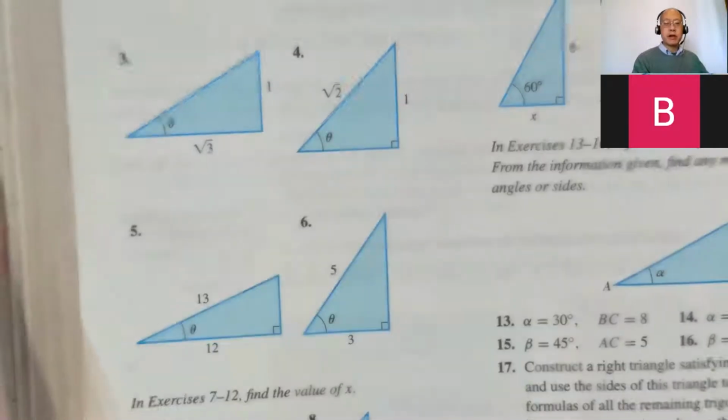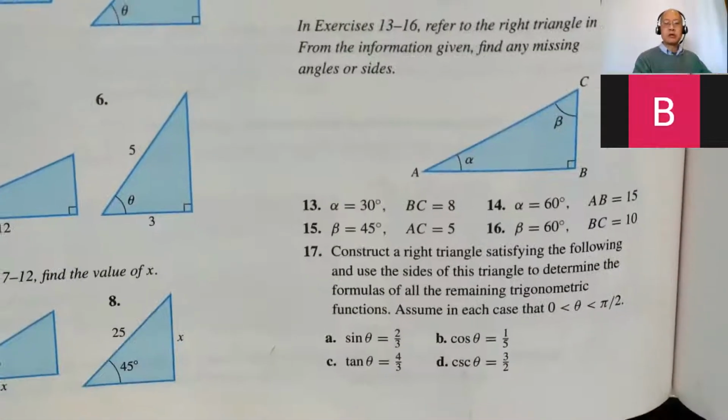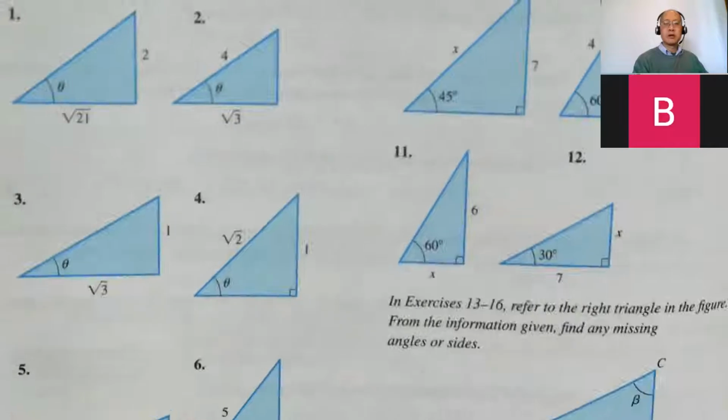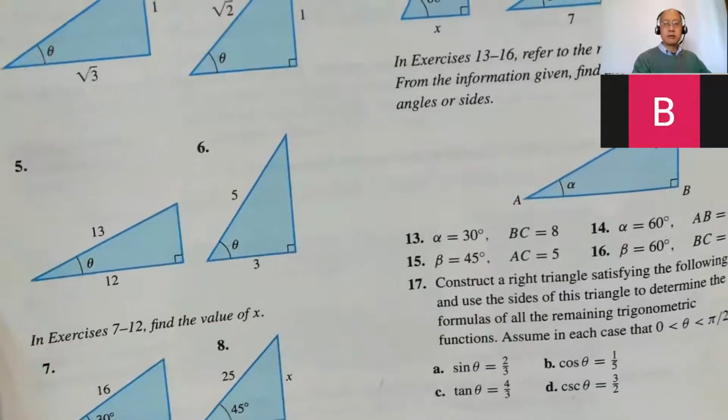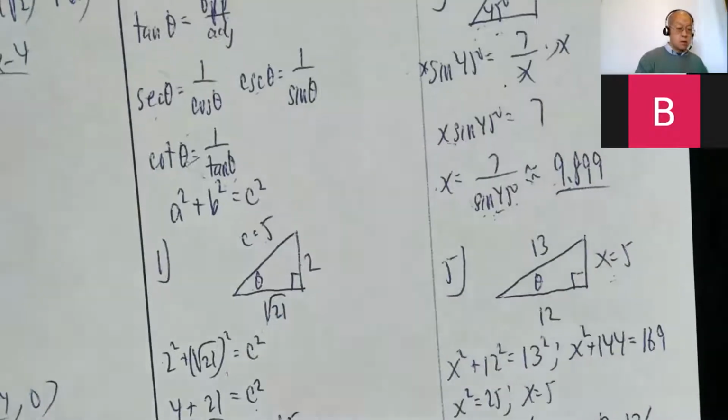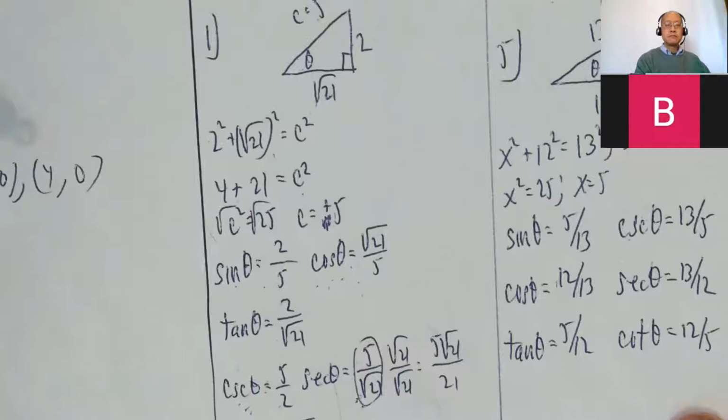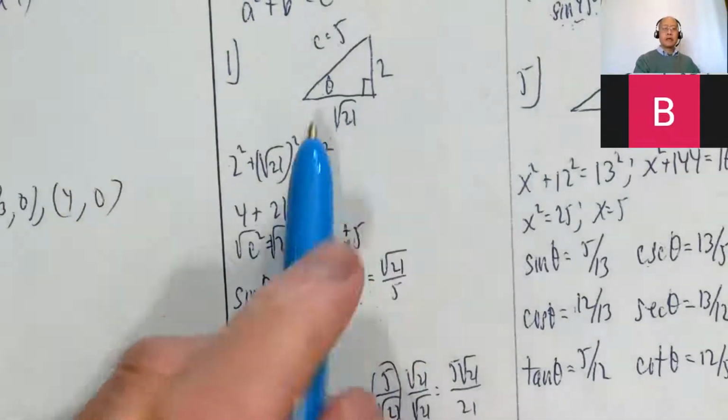So we're going back to right triangle trigonometry. I'll do some problems involving these here. And probably try to finish early so you can have time to look at the quiz. Okay, so last time I did number 1. Recap what happened.